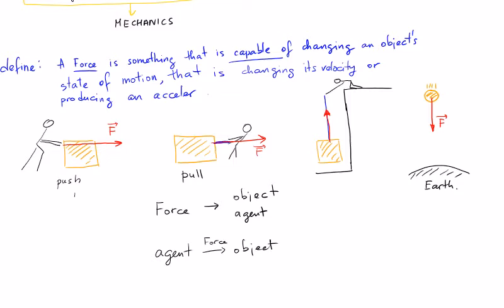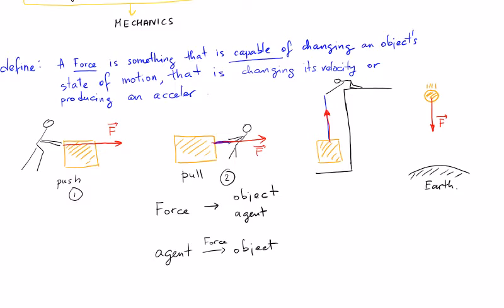In the first situation, you can see that the agent is the person who is pushing, and the object is whatever crate it is. In the second situation, we have the person to be the agent and the crate to be the object. In the third situation, the rope is in contact with the object, so the rope is the agent, and whatever object is being pulled up is the object.